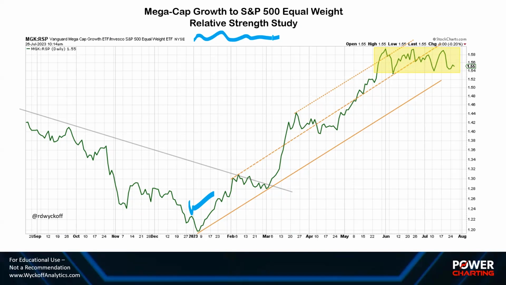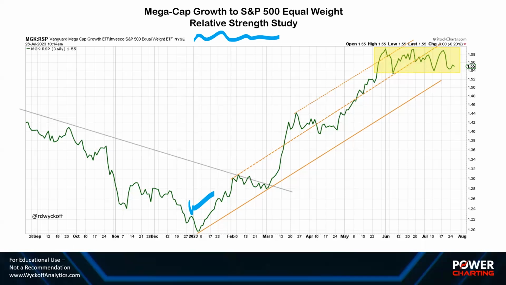Now, why did I do that? Because mega cap growth has been the tail wagging the dog of the stock market in 2023, because these few names, we call them the Magnificent Seven, but there's really more of them than that, are very large cap, very high growth, and have had really spectacular rallies in the first half of 2023.